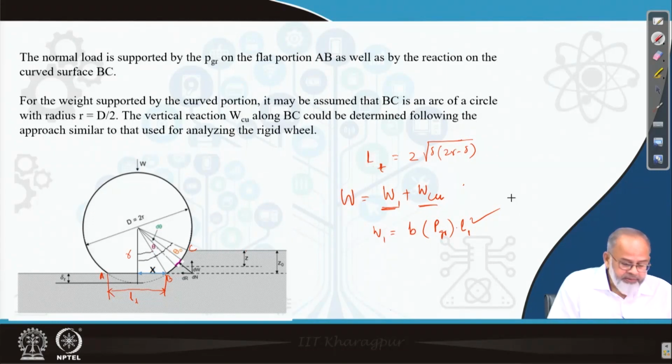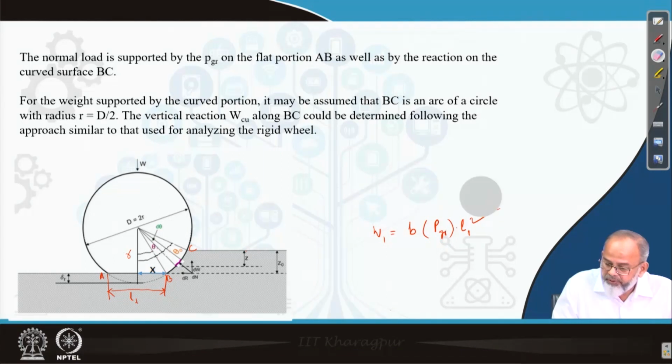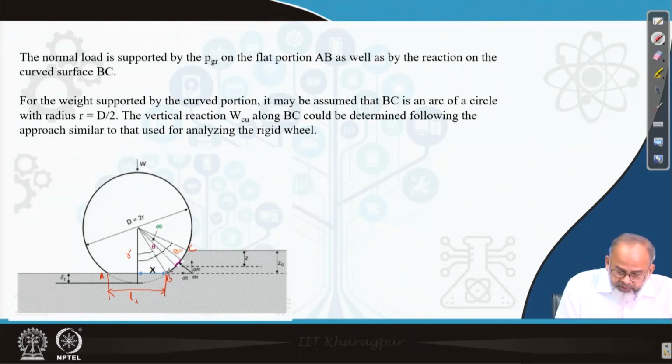Now, for finding out the weight which is supported by the curved portion, we have to proceed in a similar way as we have done for the rigid wheel. That means, in the curved contact patch which is indicated as BC, the radial force acting will be dN.